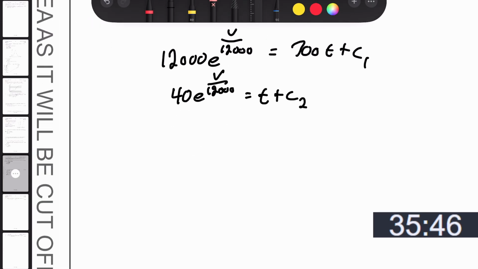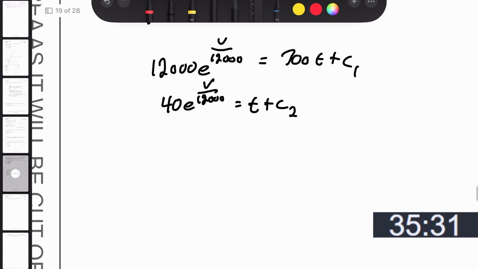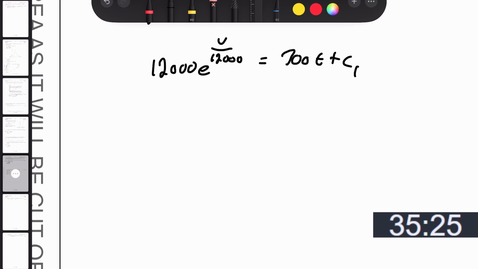Is that what I'm looking at? Hold on. Let's isolate e first, or V I mean. So okay, hold on. Let's do e to the V on 12,000.